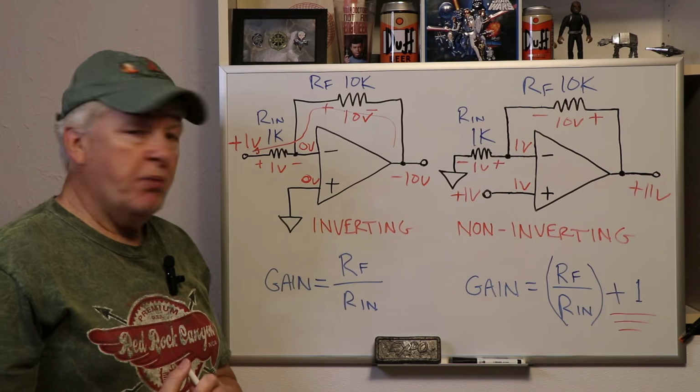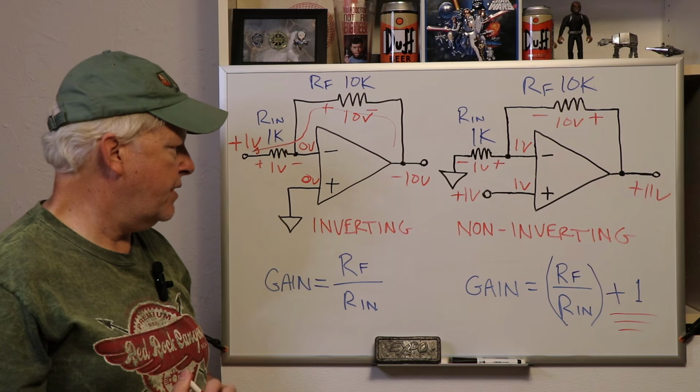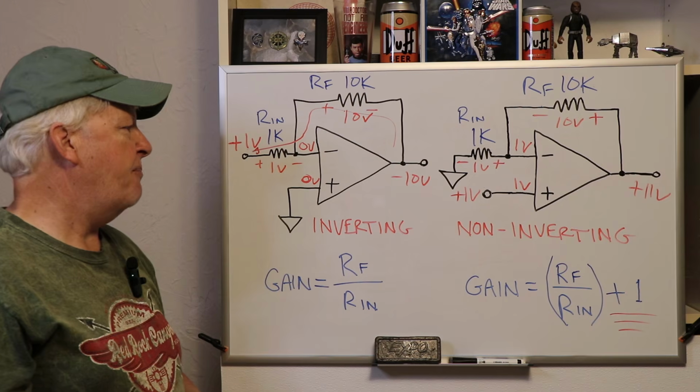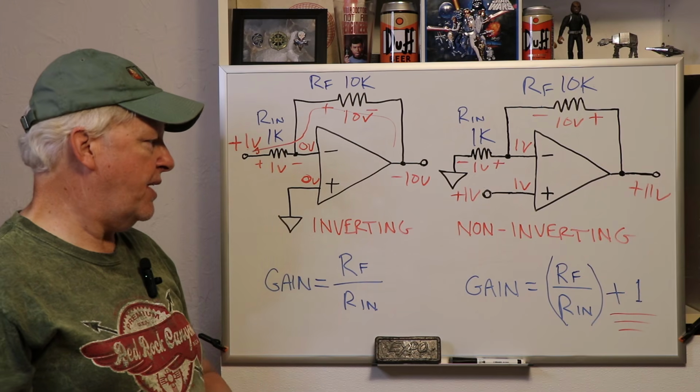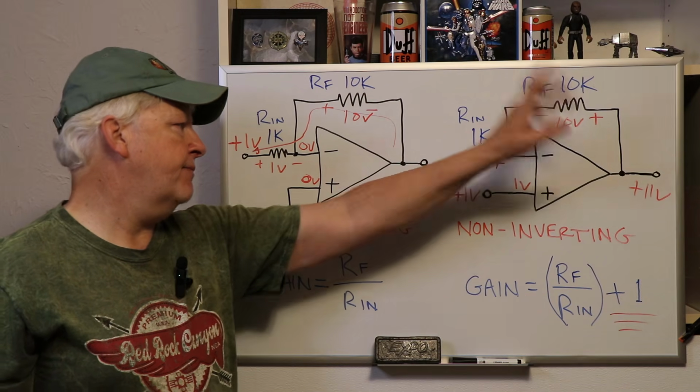Hopefully, that explains things or helps the understanding of where this plus 1 is coming from. I should also mention too, this plus 1 becomes less and less of an issue the greater the gain is.